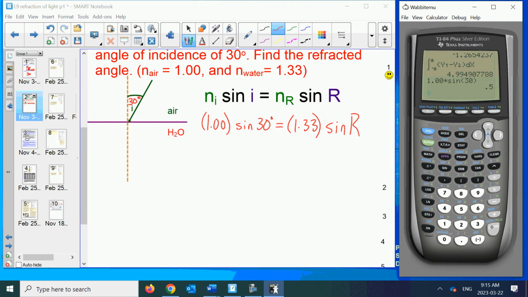The cosine of 30 is 0.866 and so on. The sine of 45 degrees, 0.707 and so on. You don't have to have those memorized. Just use a calculator. I'm going to replace this left-hand side now with this decimal, 0.5. I'm going to put 0.50 because 30 degrees has 2 significant digits.